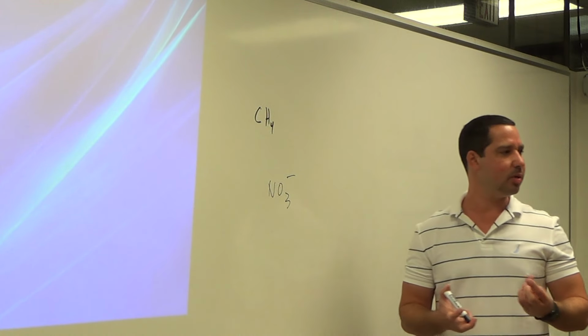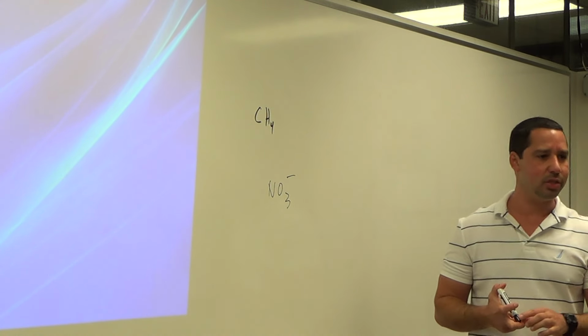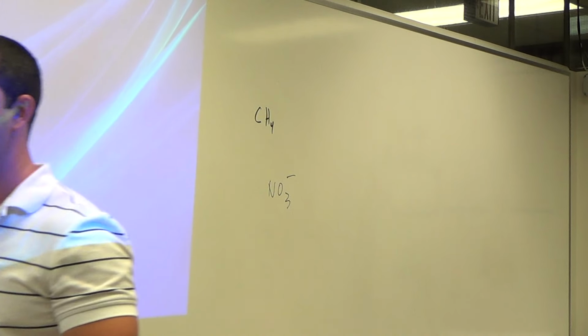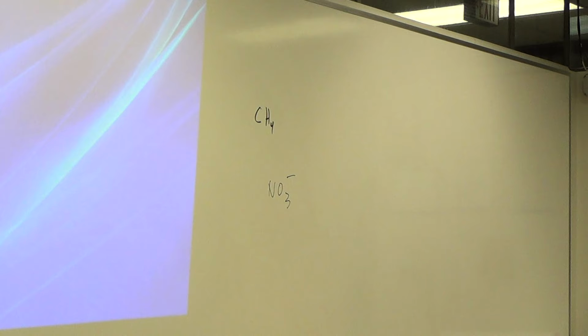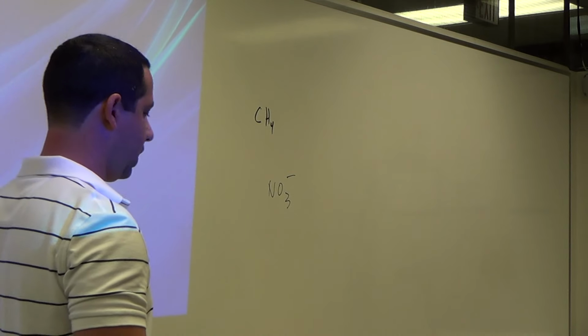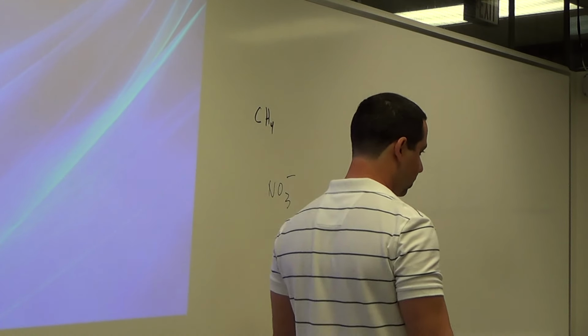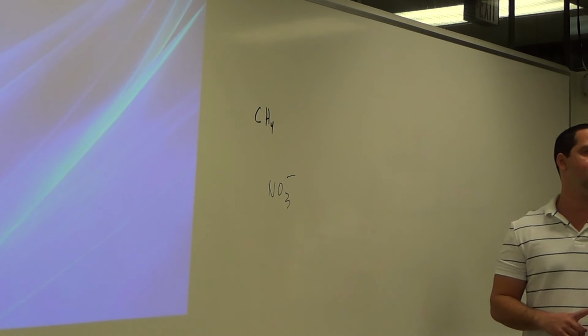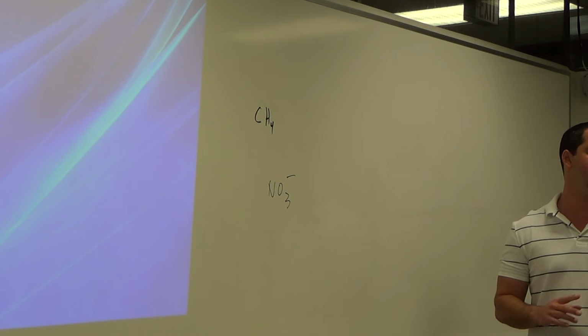What else? Am I forgetting something? Halogens. Oxidation number of halogens in general is -1. Unless the halogen is bonded to something more electronegative than itself, in which case you'll get positive oxidation numbers. So, oxidation number of halogens usually what? -1.